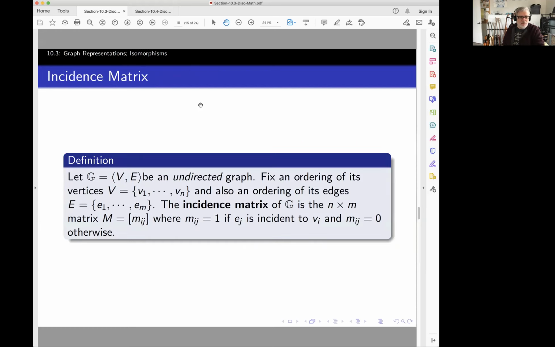Okay. All right. There is another matrix of a similar flavor. It's usually a much bigger matrix, which is called the incidence matrix. And rather than connect vertices to vertices, it connects vertices to edges. So it won't be a square matrix in general.